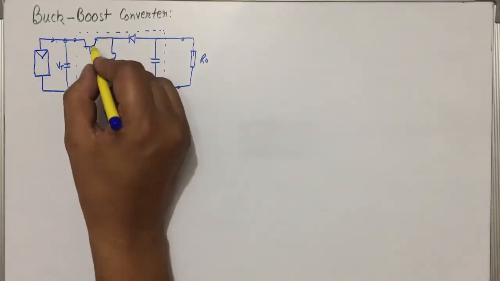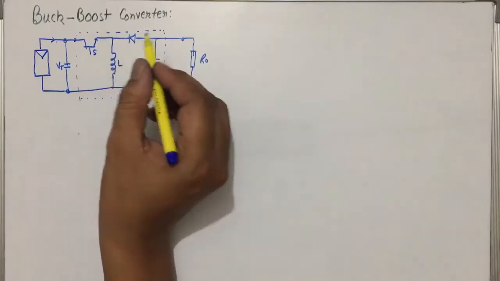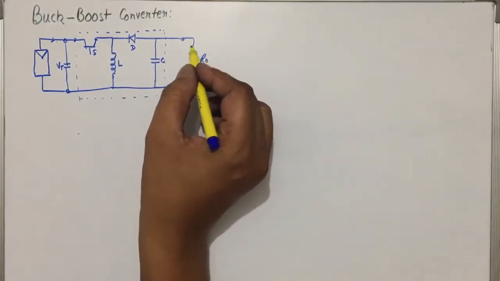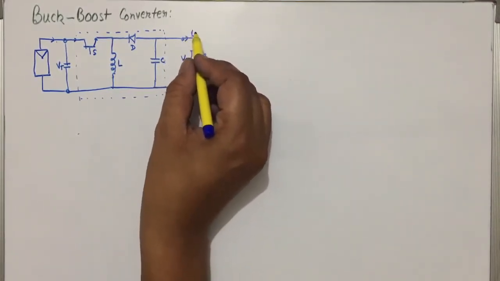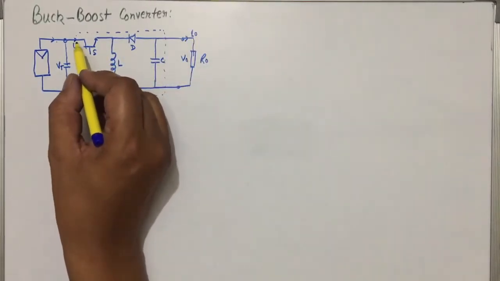Here this is the switch, so we can say switch, inductance, diode, capacitance, R0, across it the V0, the current that is flowing I0. Here the current that is flowing here is IT.